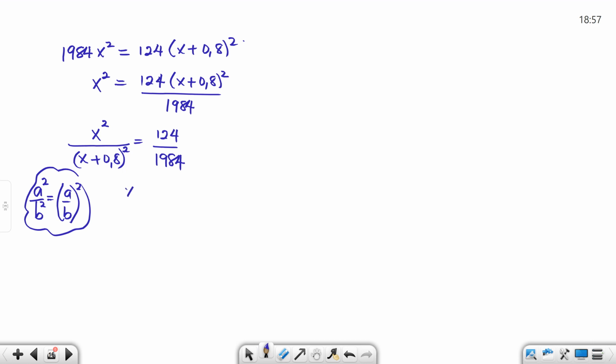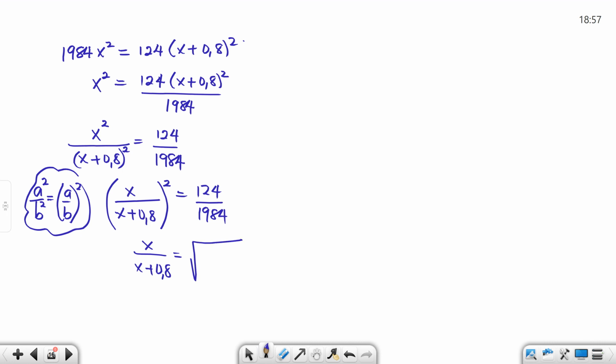So what would I have? x over (x plus 0.8), all squared, equals 124 over 1984. Instead of expanding, look for the square root of both sides. What do I have? x over (x plus 0.8) equals the square root of 124 over 1984.